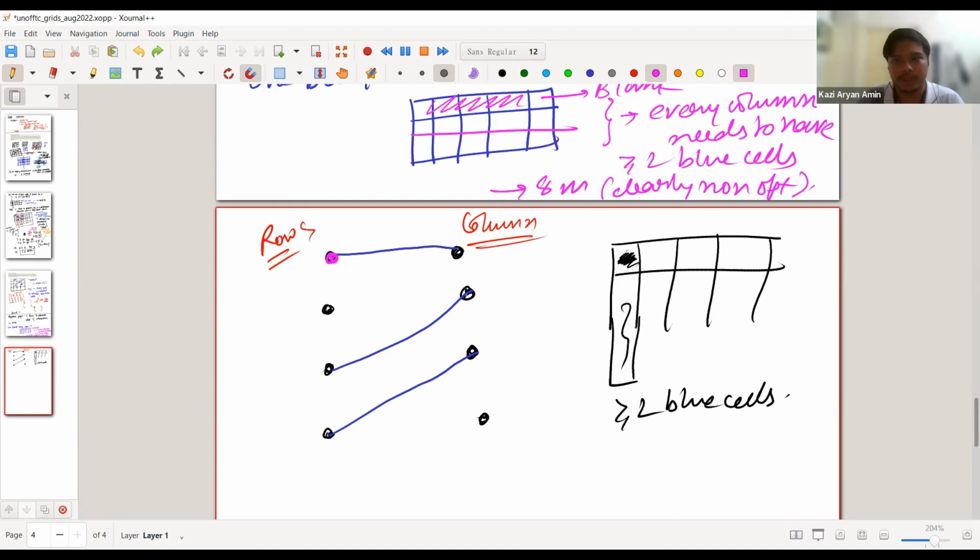I don't think 2 is enough, because suppose you have this. Suppose this was an edge and this was an edge, and this edge doesn't exist. Think about this guy. It only has one more cell which shares the same row or same column as it.